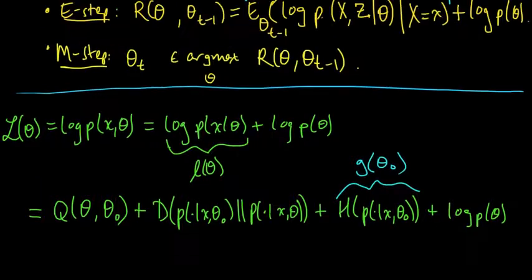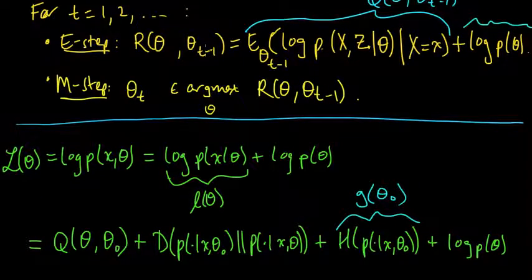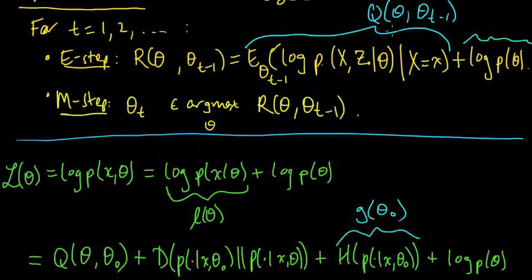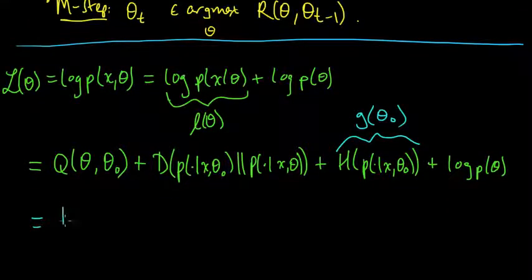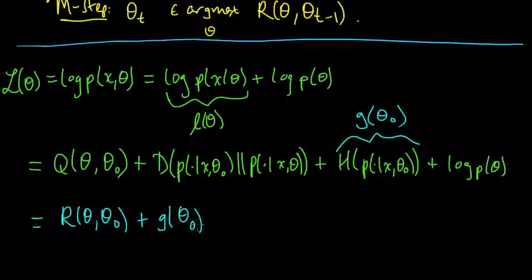So remember that r of theta with theta t minus 1, or theta 0, we defined to be this thing. And so we can start matching up pieces here. This part was q of theta with theta 0, so that's here, and this is the log of the prior. So we get that this is equal to r of theta with theta 0, where r was defined above, plus g of theta 0, plus the relative entropy.